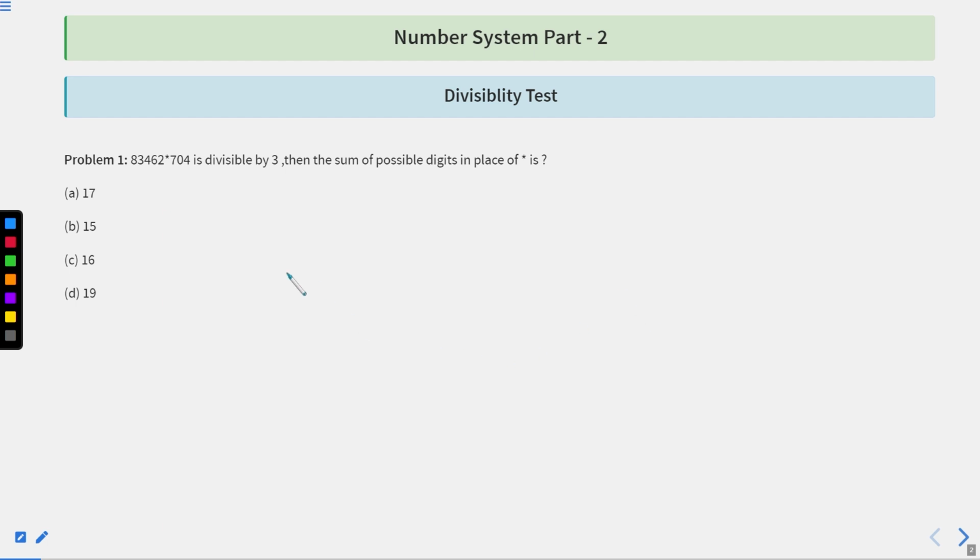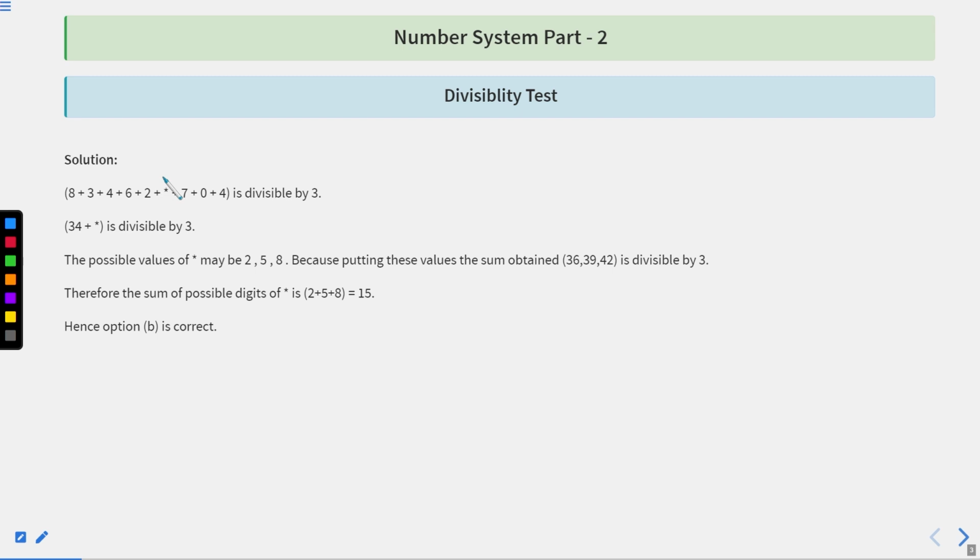We are provided with a number in which a digit is missing, and we have to fill that empty space with a digit such that the new number is completely divisible by 3. We have to find all the possibilities which satisfy this, and find the sum of all those digits. We are provided with 4 options, and let's see the solution now.